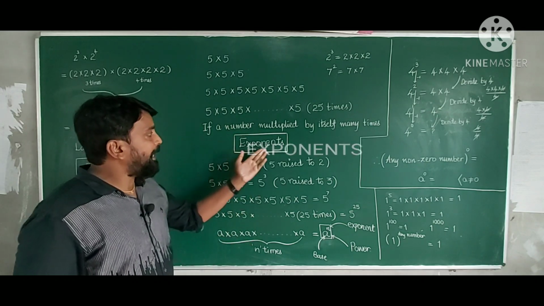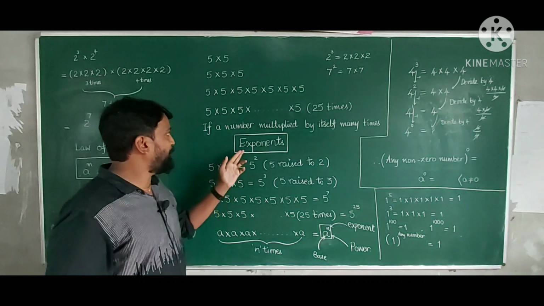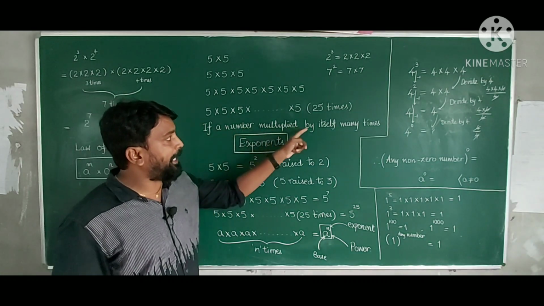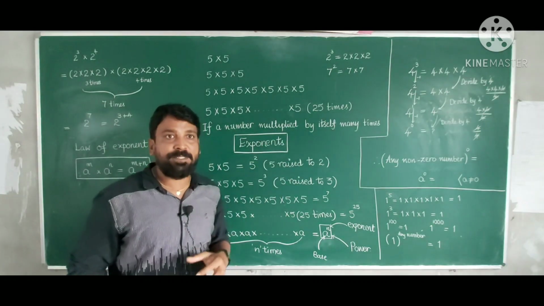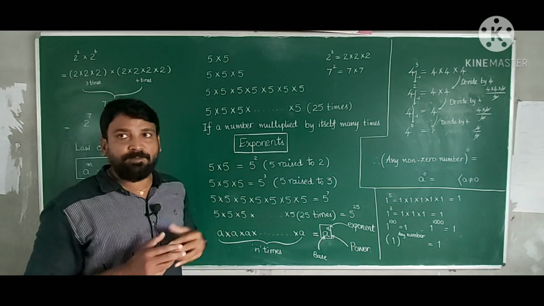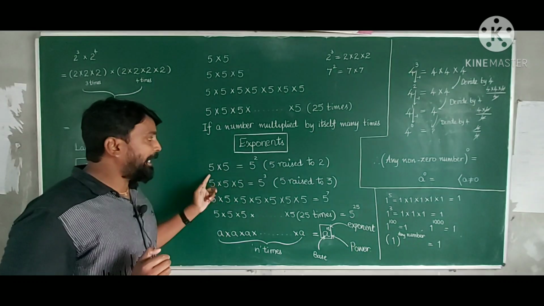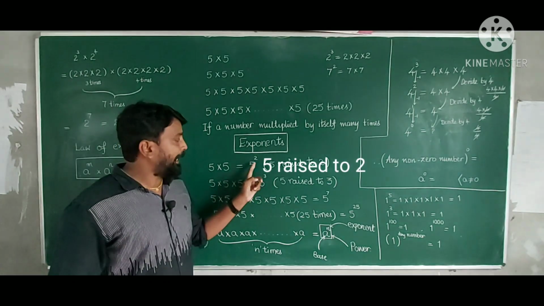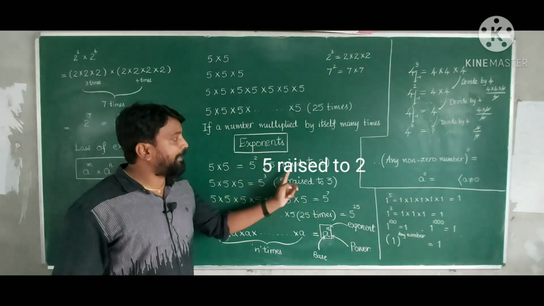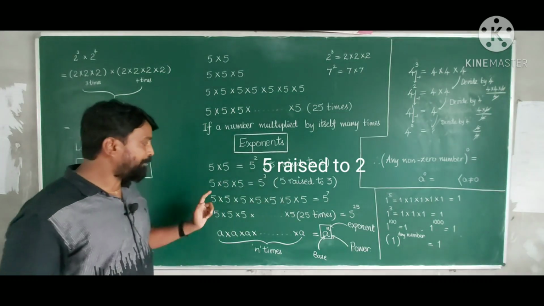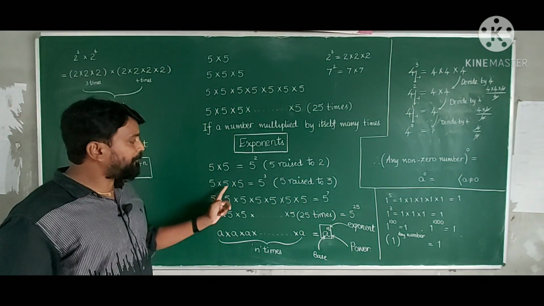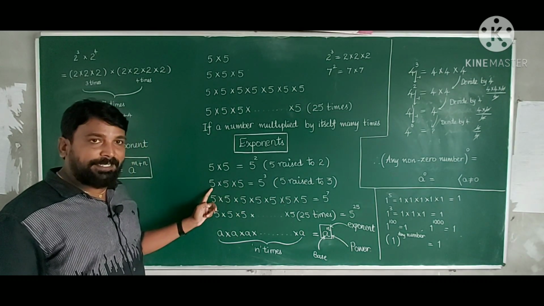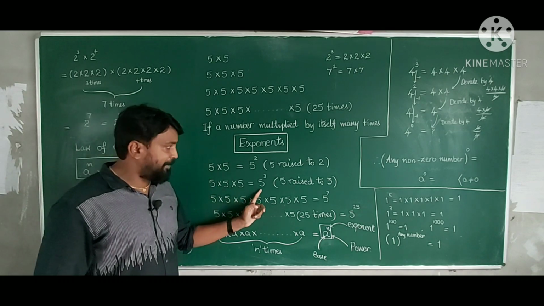We use exponents. If a number is multiplied by itself many times, we should use exponents. What are exponents? 5 into 5 is equal to 5 power 2, that is 5 raised to 2. Similarly, 5 into 5 into 5, how many times are we taking here? 3 times, right.